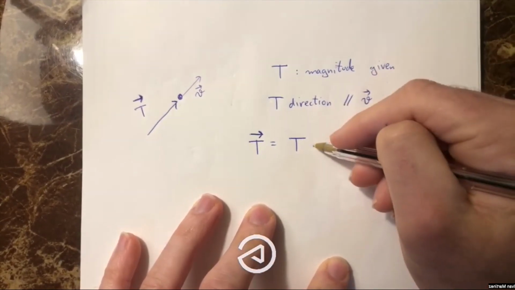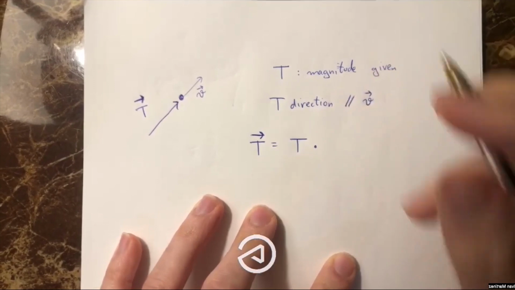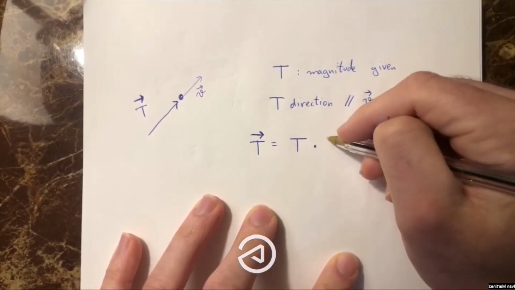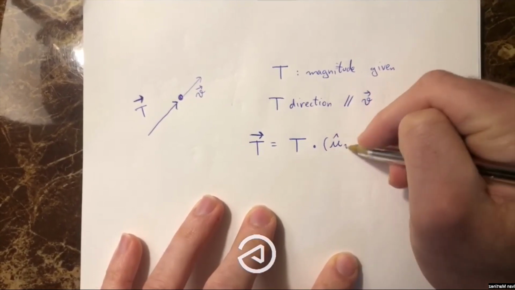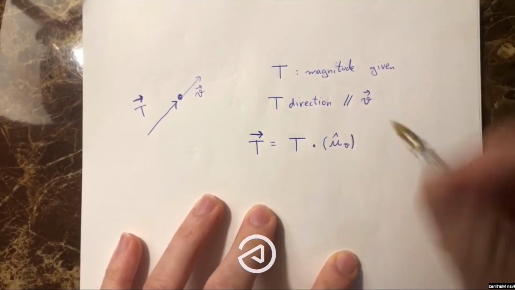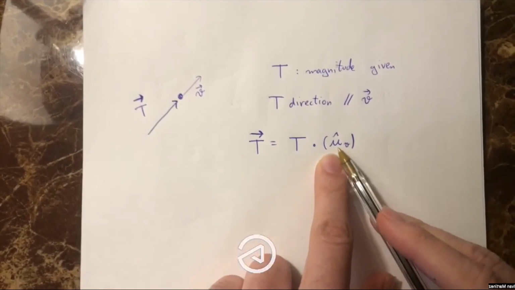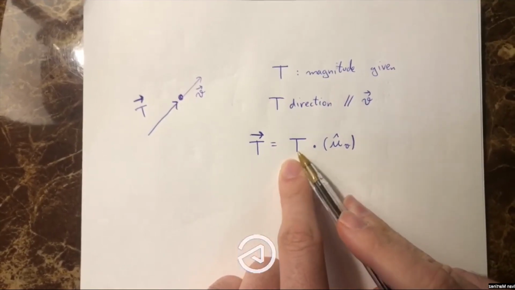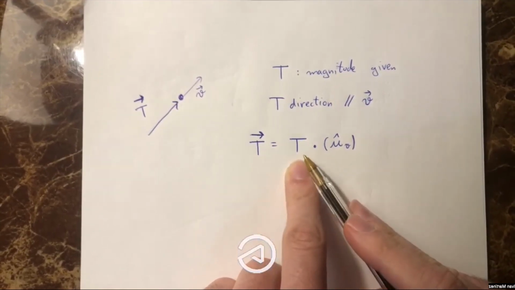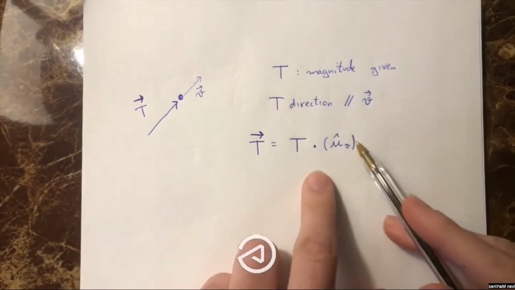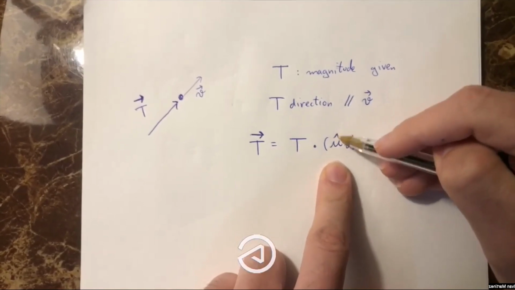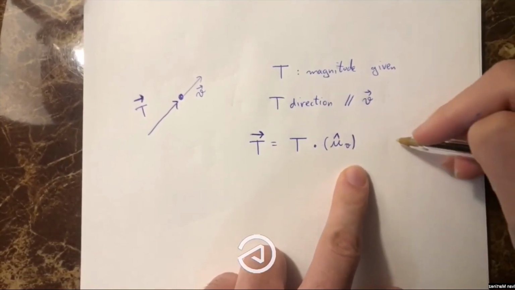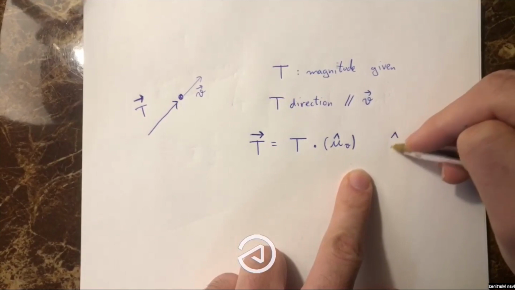So we're going to multiply this with a vector. And this vector, let me call it u sub v. This vector needs to tell you the information of the direction of the thrust without changing the magnitude, obviously. So we need to multiply by a unit vector. That's why it has this little hat. This hat means that it's a unit vector.